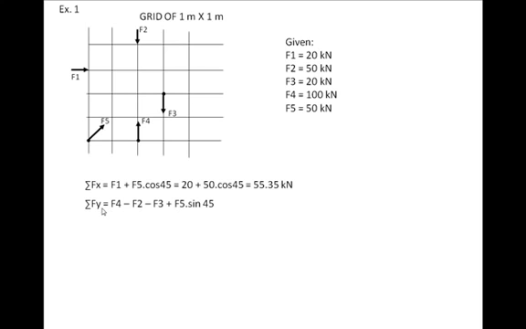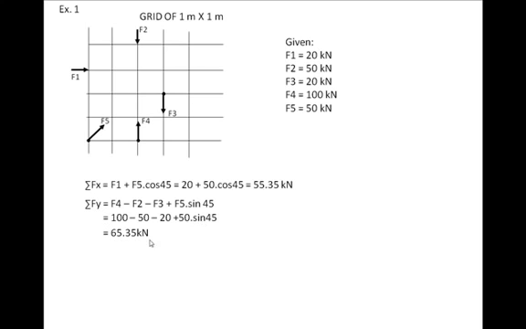Now you have sigma Fy, which will be the summation of vertical forces. So see, F4 is up, so positive, F2, F3 negative, and F5 sin 45 is positive. If you put the values of F2, F3, F4, you will get sigma Fy as 65.35 kilonewton.